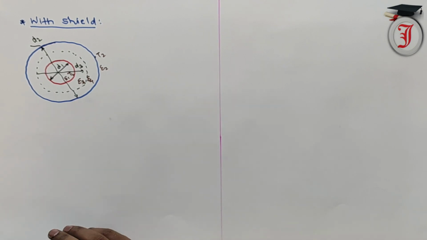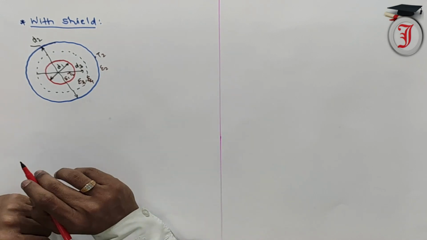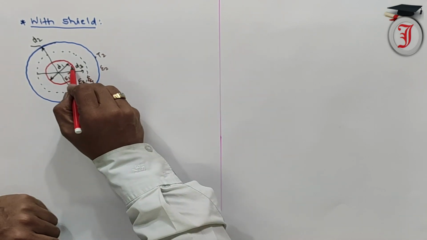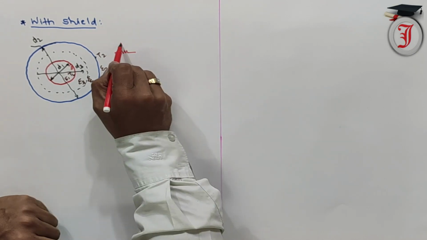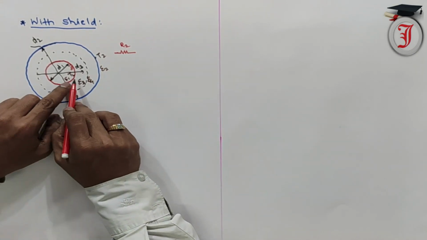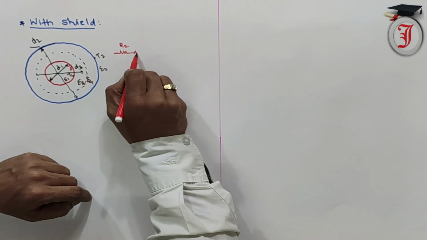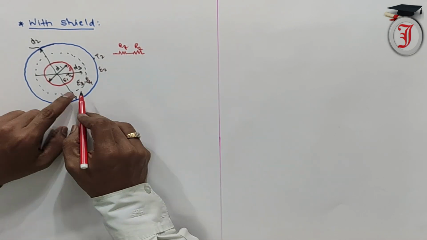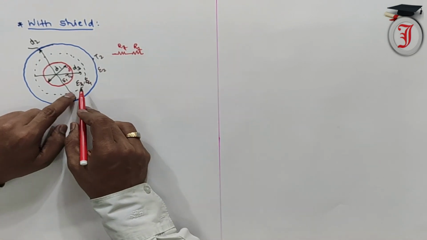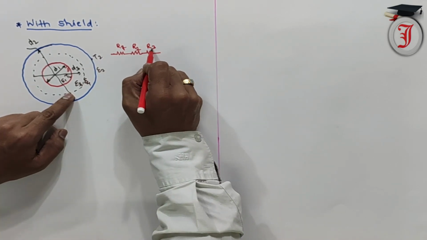So let us draw the electrical circuit for this situation with the radiation shield. There is a surface resistance first, R1. Then there is the space between the inner tube and the radiation shield, so let us consider this as R2. Then the inner surface of the radiation shield has surface resistance R3.